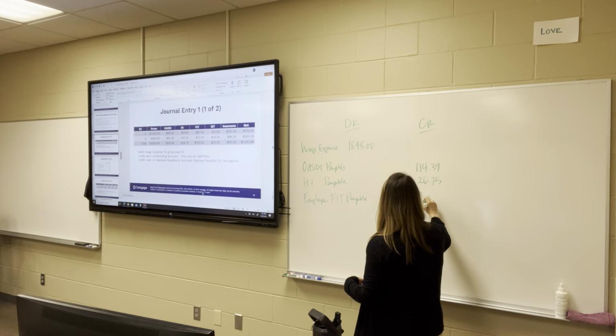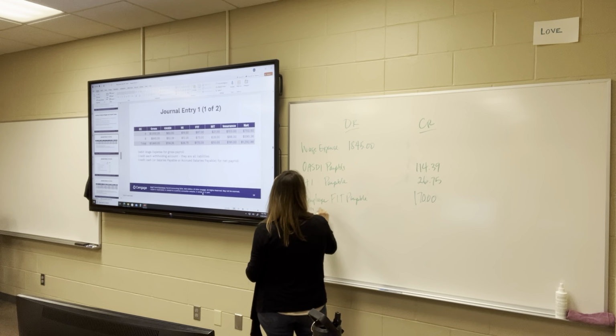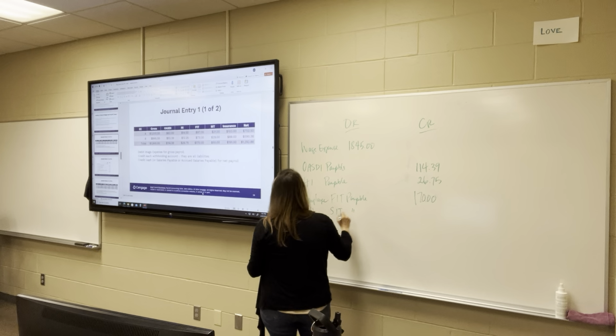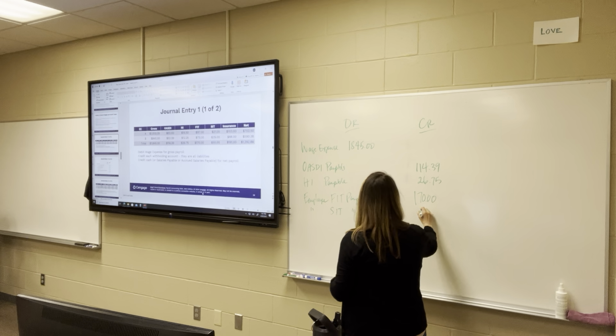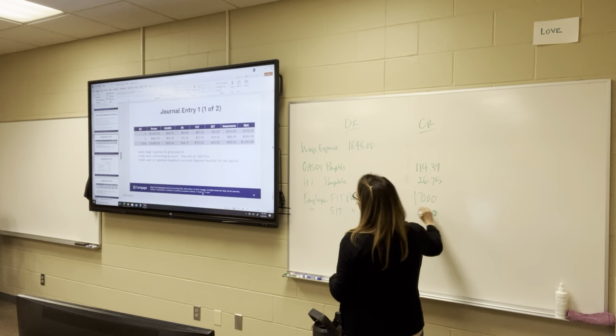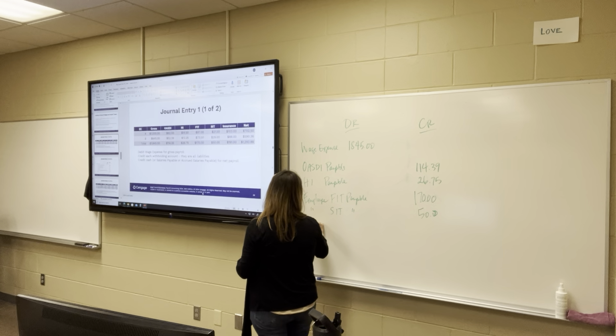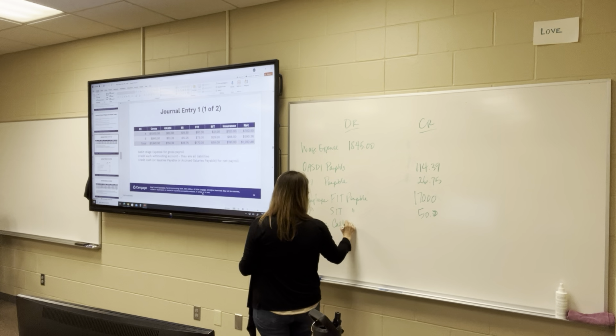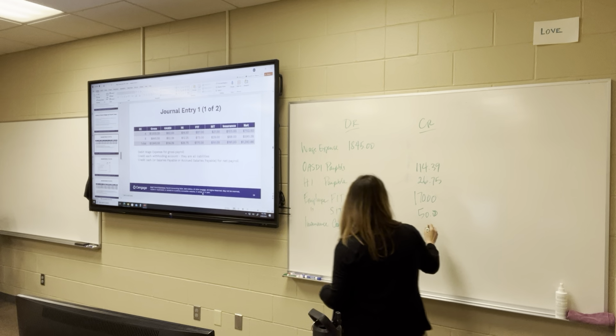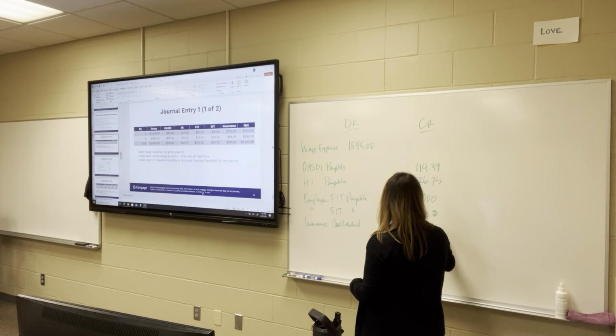All of these amounts were withheld from employee paychecks. And then we've got employee state income tax payable of $50. And then it looks like we've got insurance. I think they called it insurance collected or something like that, of $191.